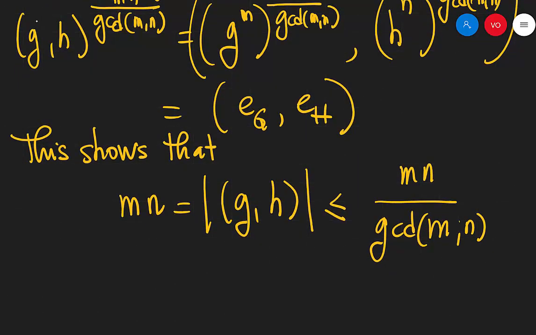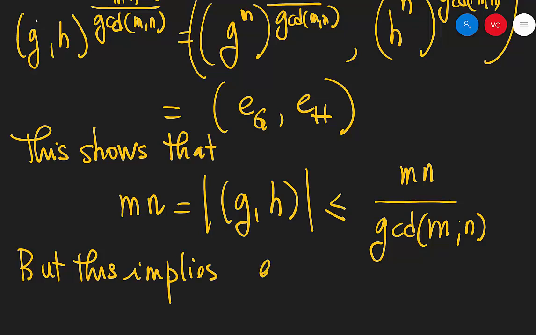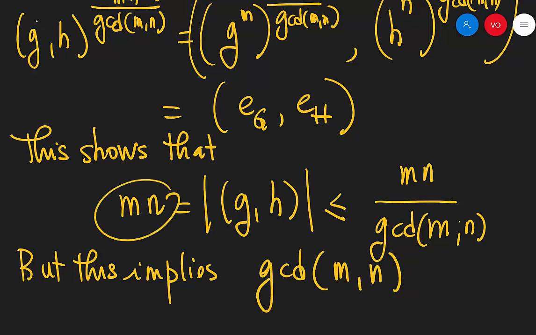Okay, now, but this implies that the GCD of M and N has to be 1, right? Because look at this and then look at that, which shows that M and N are relatively prime.